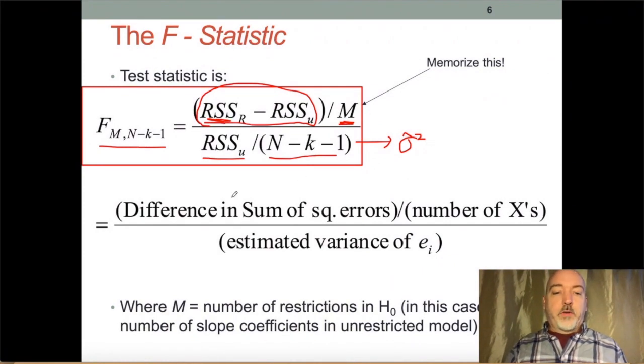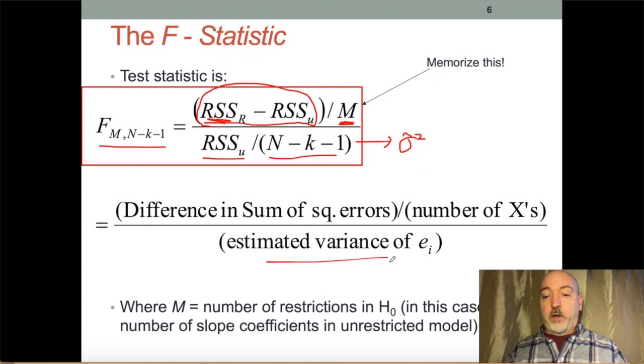So in words, the difference in the sum of squares relative to the number of the x variables in the null, all divided by the estimated variance of the error term, the sigma hat squared.